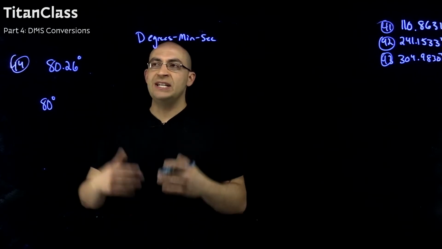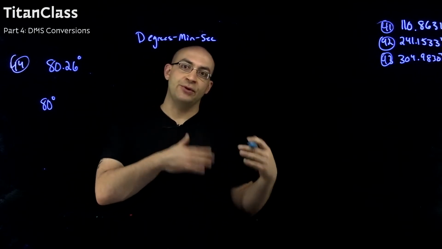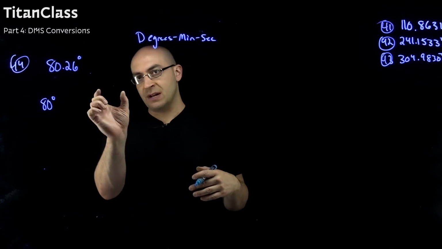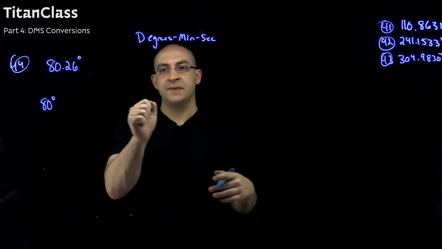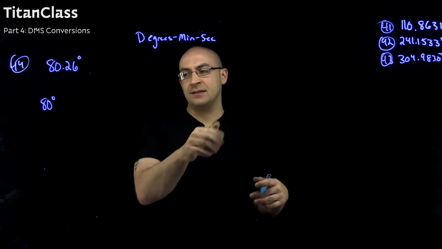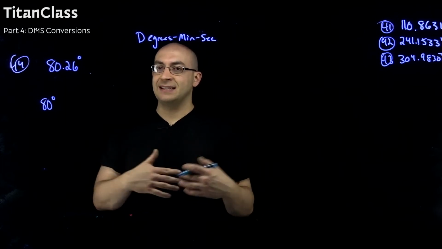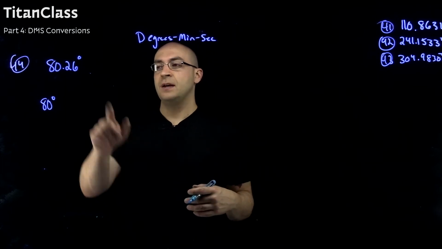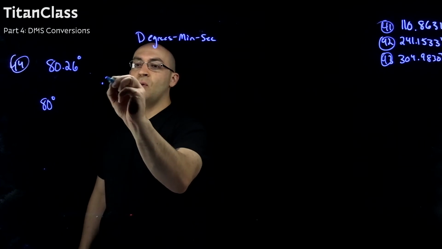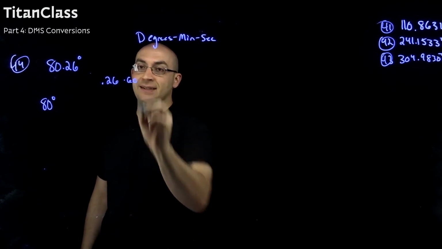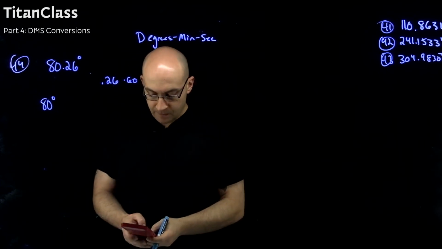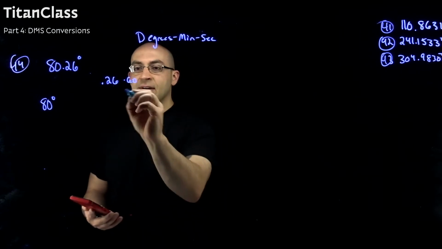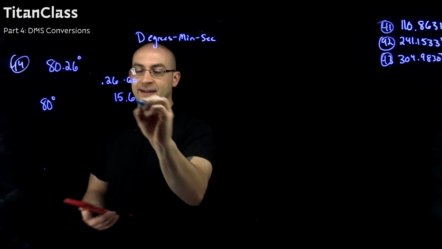Now, if we divide it by 60 and then eventually divide it by 3600 for the first 2 decimal places, tenths and hundredths, and then thousandths and 10,000ths, I'm going to have to multiply by 60 a bunch of times to get back to that value. First, we take the decimal place, and we multiply that by 60. Now that's going to give us 15.6.